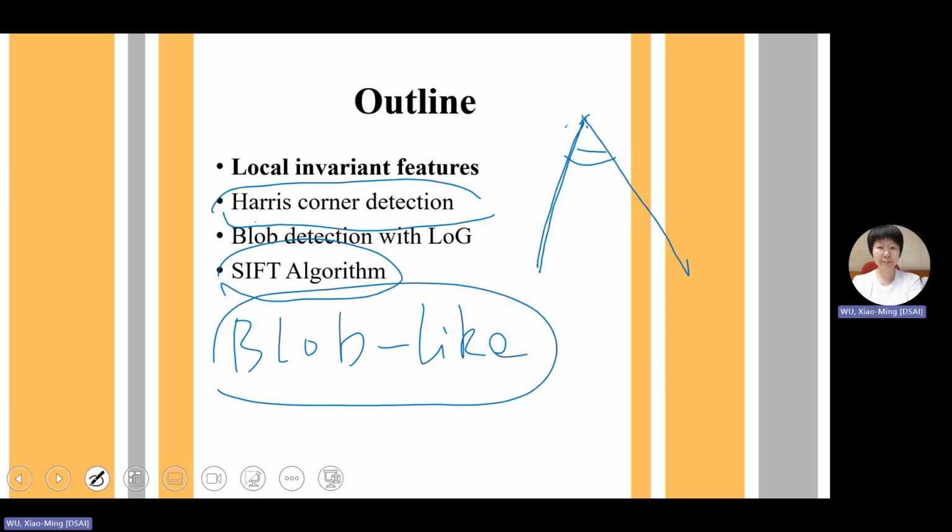We use image gradients. Edges occur when there are significant changes in image pixels. To identify such changes, we need to compare the differences between neighboring pixels.